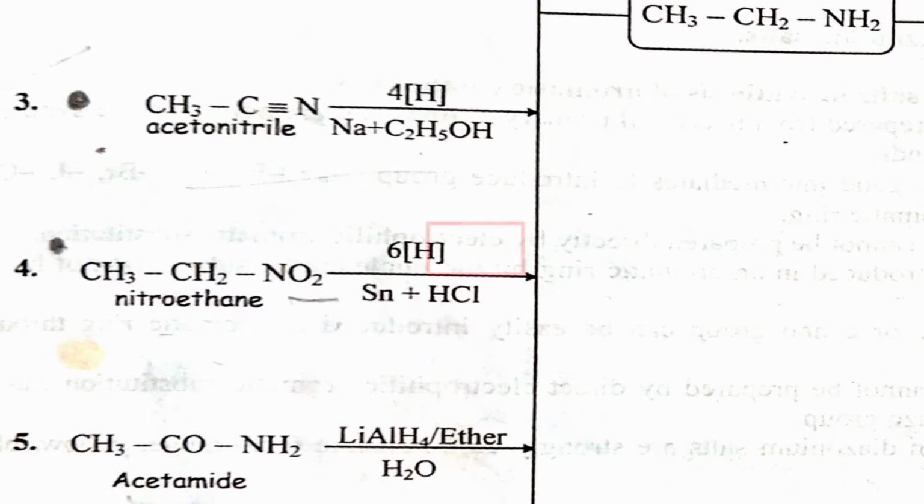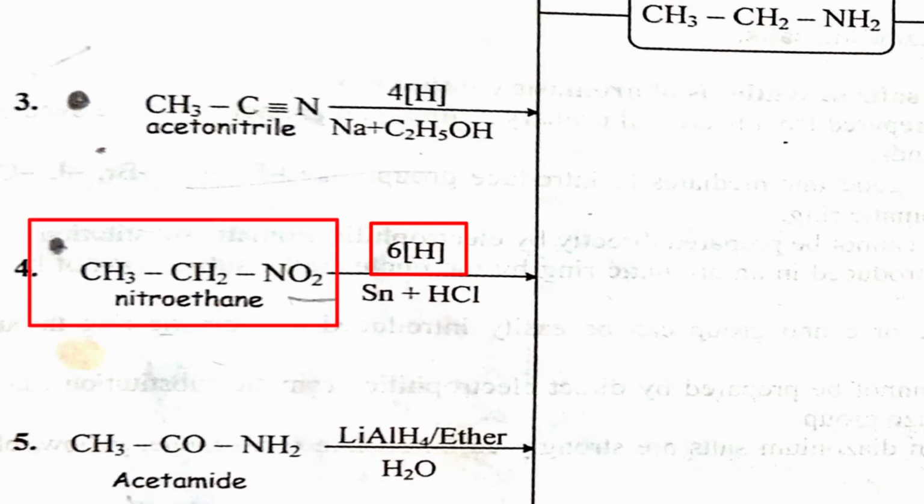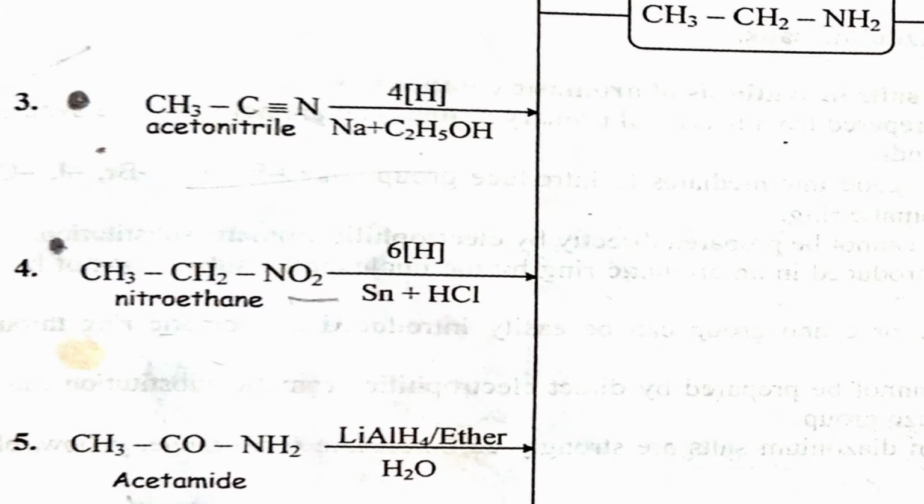The nascent hydrogen reacts with nitroethane. After reaction, the product is ethyl amine or alkyl amine. Whatever general formula you want to use, you can use.